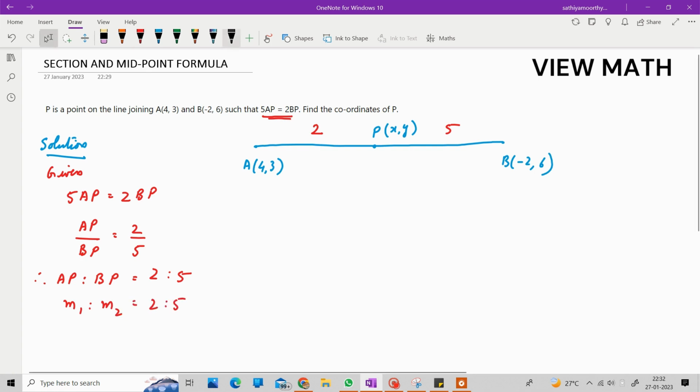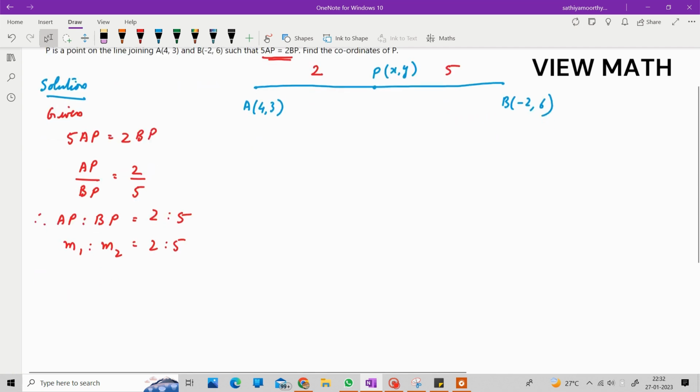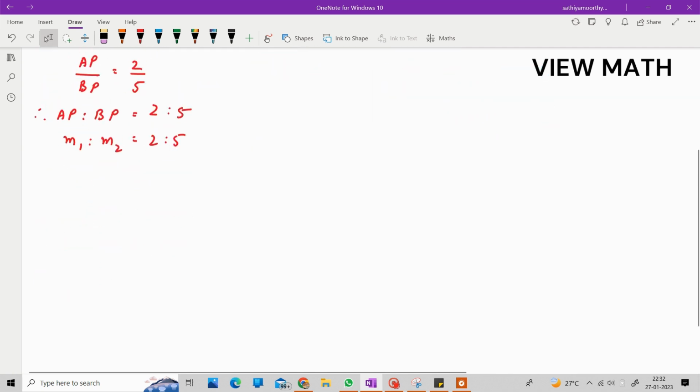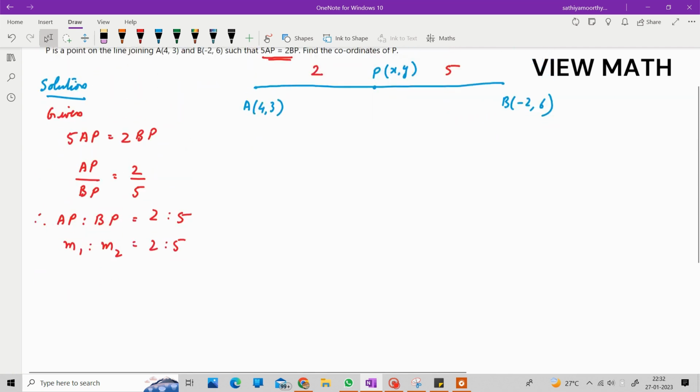We know the endpoint values, so we can use the section formula to find the coordinate P. Now this is my x1, y1, x2, y2.